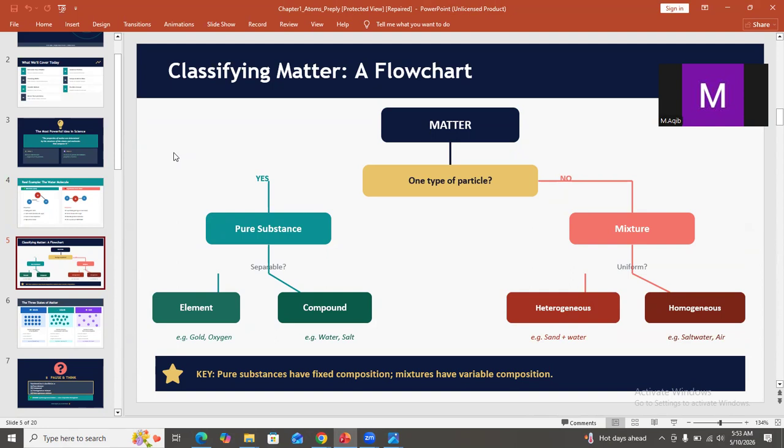For example, you take a substance such as iron. When you take a piece of pure iron and break it, it has only one kind of atom, that is Fe.